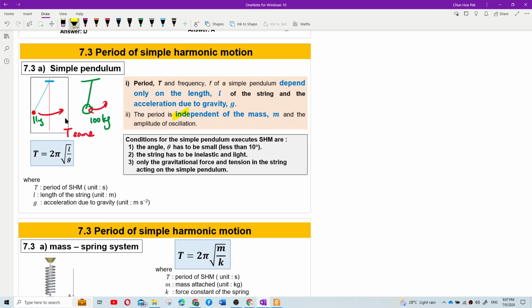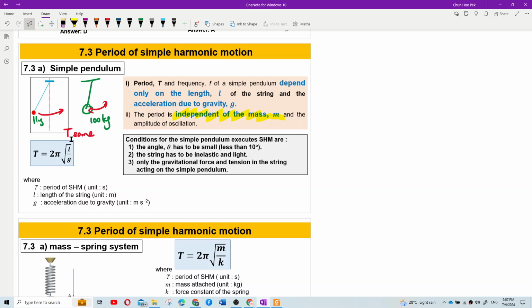Ini penting kelas. Independent of mass. Kalau simple pendulum lah, tak kira you guna mass apa, period dia tetap sama kelas. Macamlah you pergi main swing dekat taman permainan lah. Suka main swing tak?